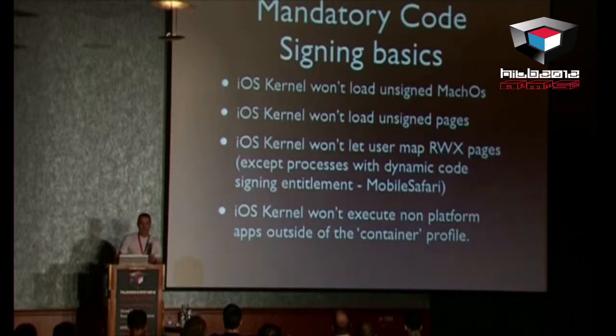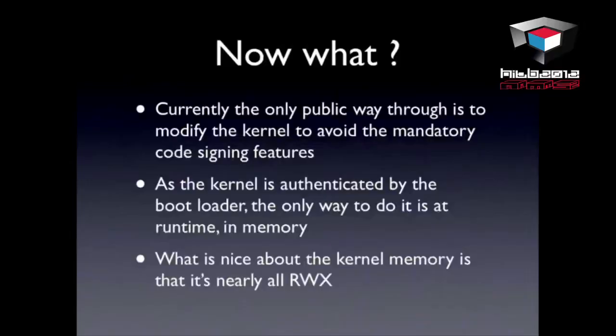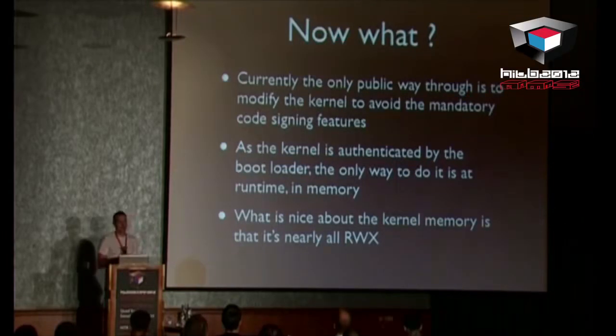Also, the iOS kernel won't let you execute non-platform apps, I mean, the apps that are not distributed with the firmware, outside of the container profile. This is another feature. So, now what? We want to execute unsigned code. What do we need to do to achieve this goal? Currently, the only public way to do so is to modify the kernel to avoid these security features, these code signing enforcements.